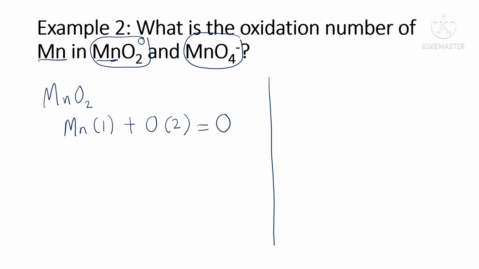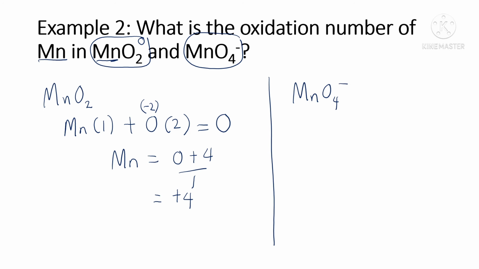And we know that for oxygen atoms, the oxidation number is -2. Therefore, for manganese in manganese IV oxide, the oxidation number is equal to +4.